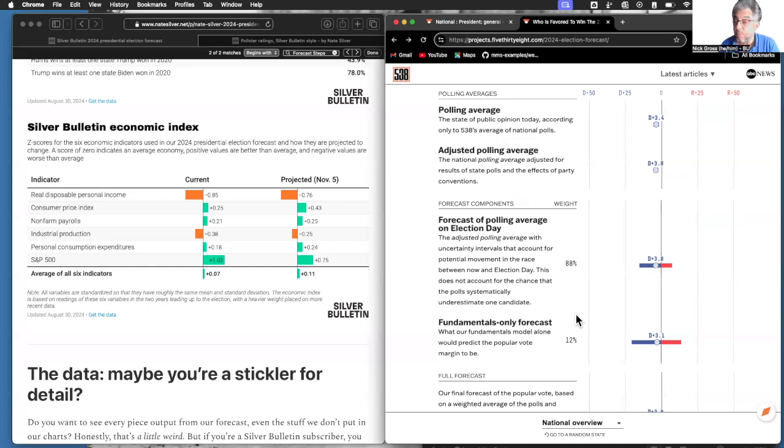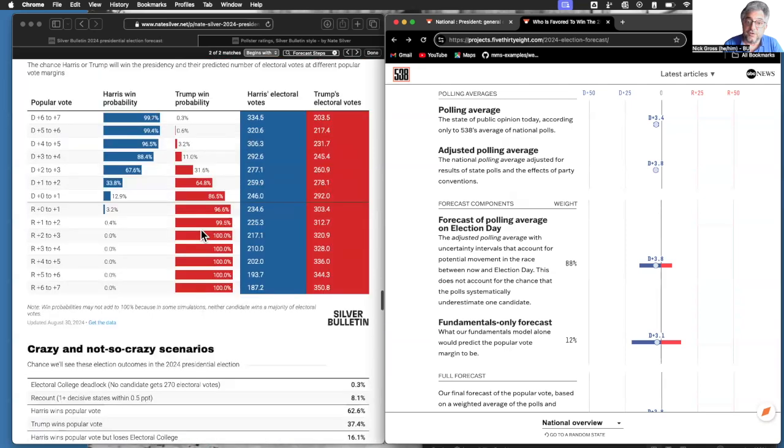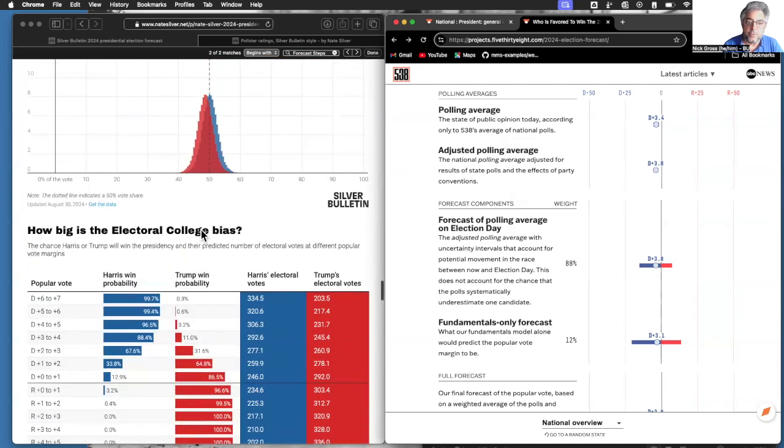So it's a combination of these different things that all go together to make up this model. It's not a simple just who's up and who's down.